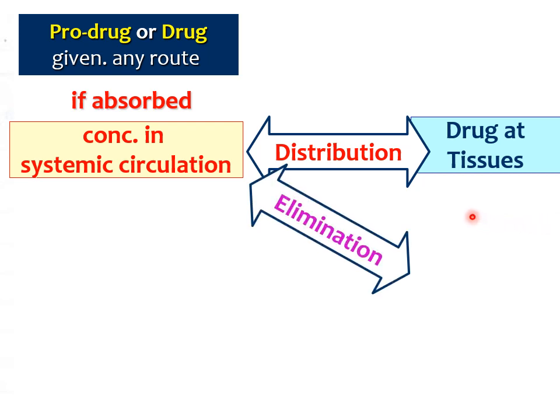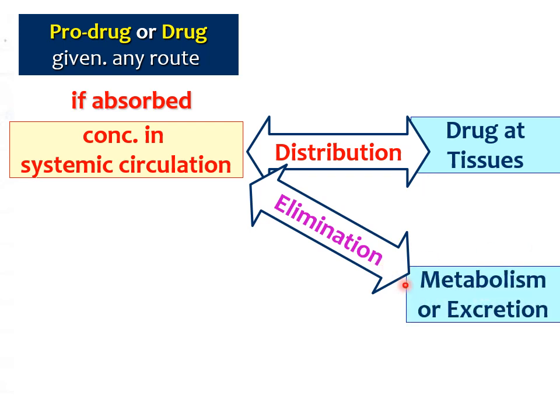At the same time, they are also eliminated. Remember, in pharmacology, elimination means converting the drug which was active into inactive. So converting the drug into inactive is known as elimination. This is achieved mainly through metabolism, or if even after metabolism a few drugs are still active, they have not become inactive, then they are excreted from the body.